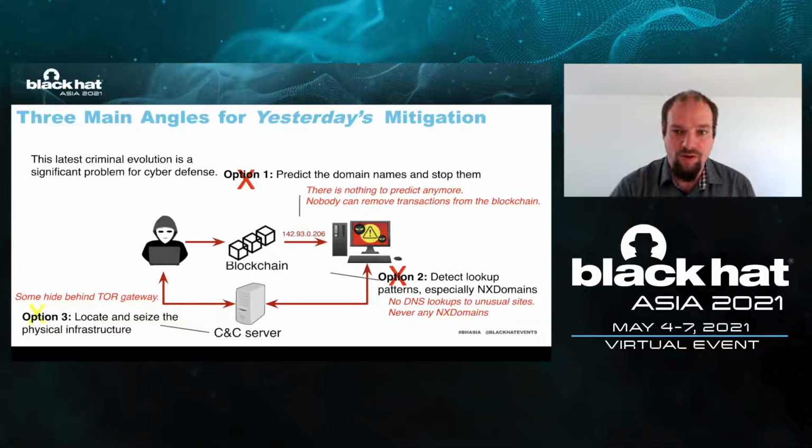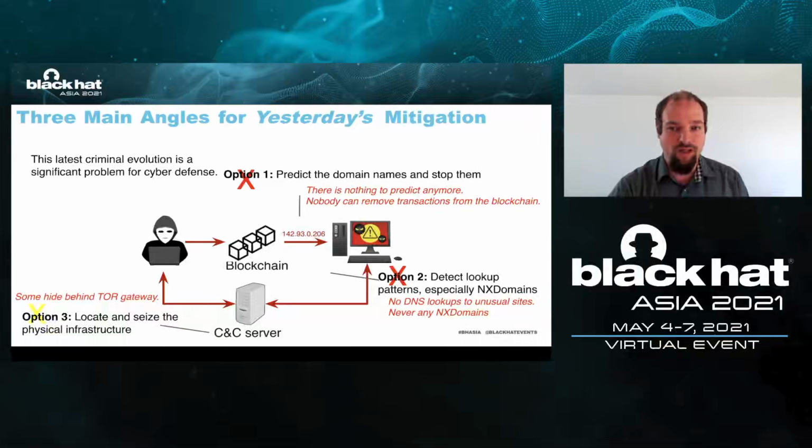All of the information is being exchanged on the blockchain. And I cannot predict in the future what the next payment that somebody makes on the blockchain is going to be. So as soon as I do something, the criminal can make a new payment, and immediately all of the bots are updating to the new information. I also cannot remove anything from the blockchain because the blockchain has been designed to be this way. So option one completely goes out of the window.